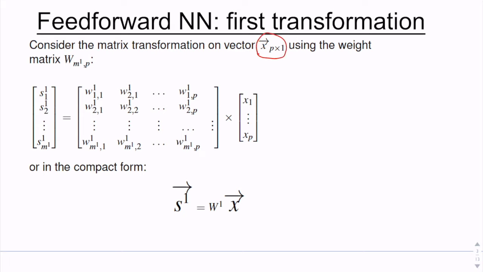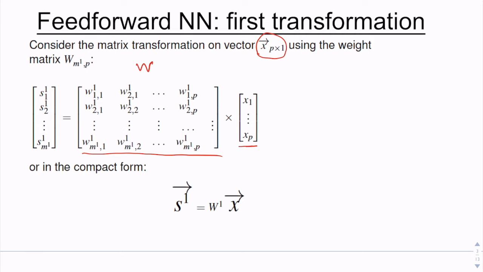You can imagine if you have an image of, say, 10 by 10 pixels, then you have a vector of 100 pixels. Then this vector is an input to the neural network. Then we apply a matrix transformation by multiplying from the left to this feature vector this matrix, which we call W, an acronym for weight matrix.